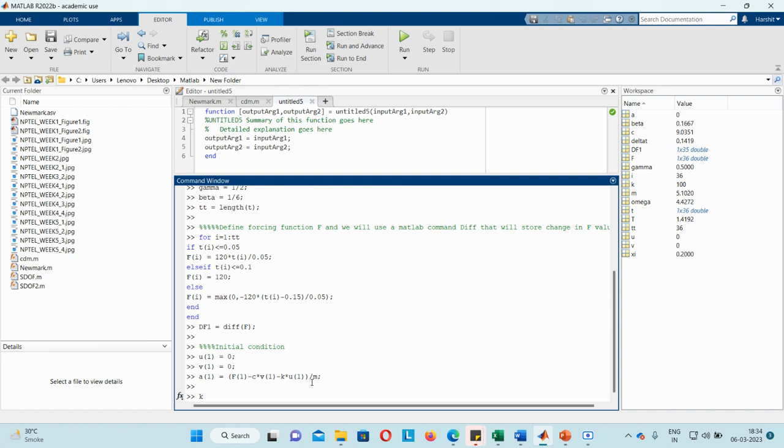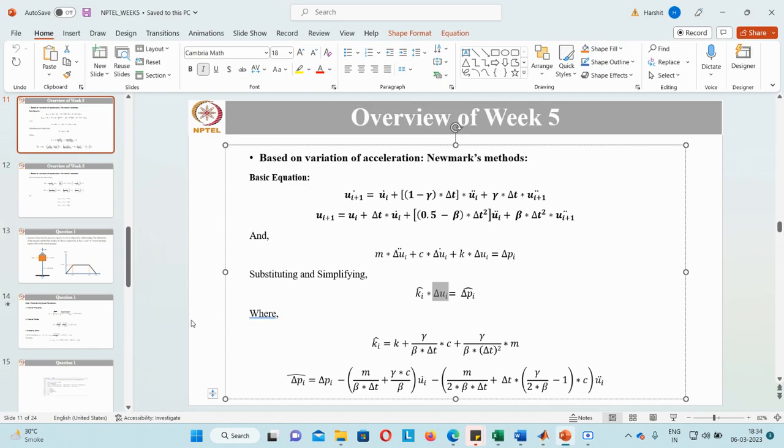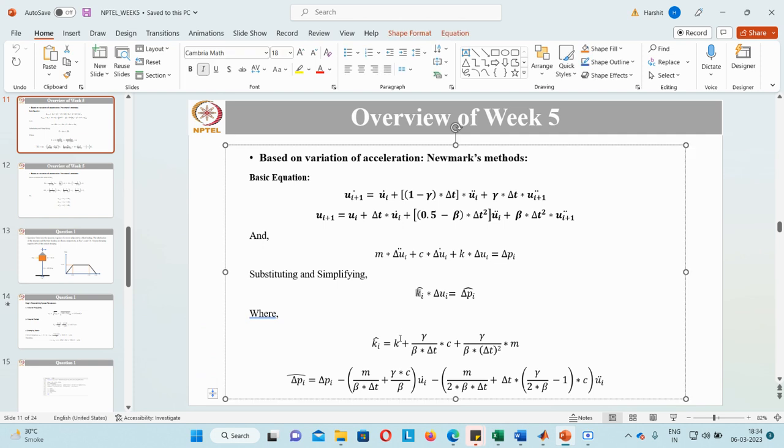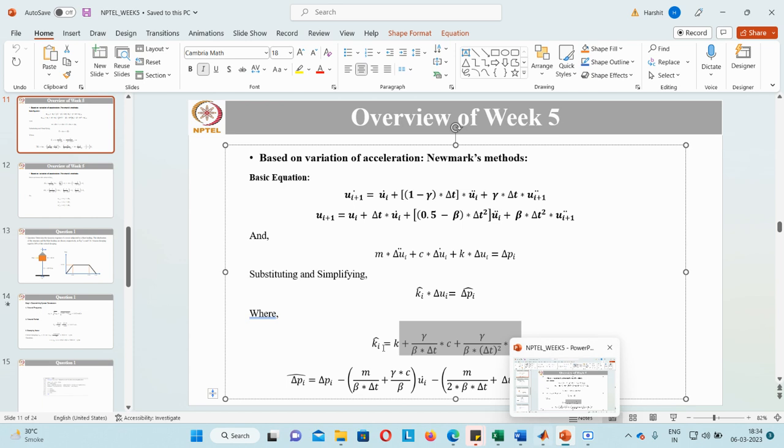And then we need to define the k bar value. What is k bar? Here you can see after we define the acceleration value we need to calculate the k bar, which is a fixed quantity, and that we will use later in the function for calculating the change in displacement. So what is k bar?